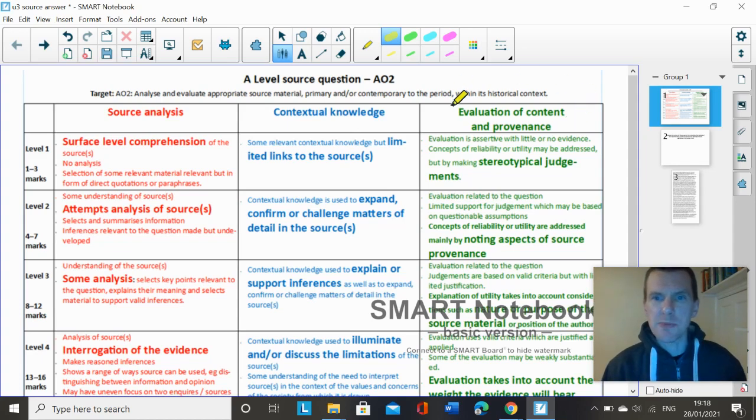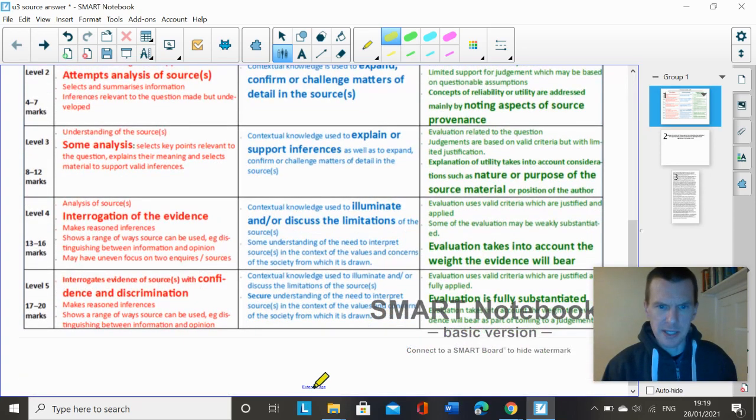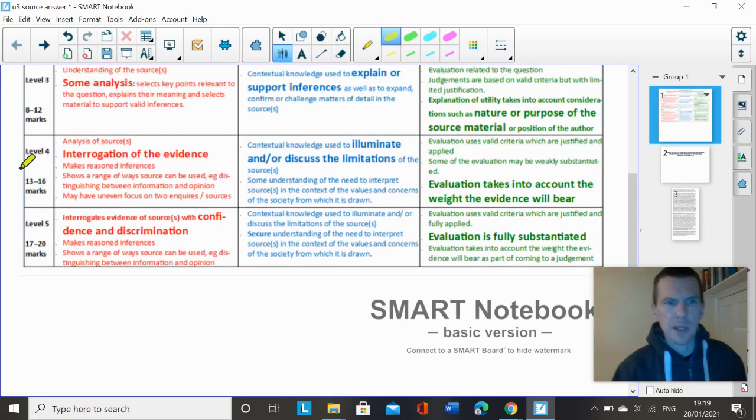This is reaching a judgment and being able to say whether the source is really useful, quite useful, fairly useful, or not very useful. If we scroll down, past the watermark, you can see the bottom couple of levels here, and this is where most of you will be certainly aiming to be, if not being. Firstly, level 3, there's some analysis.